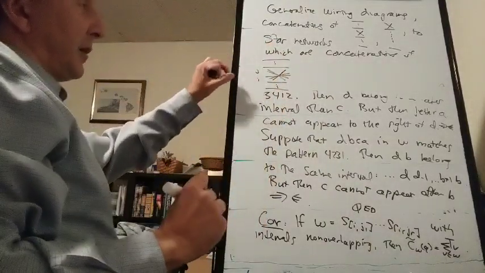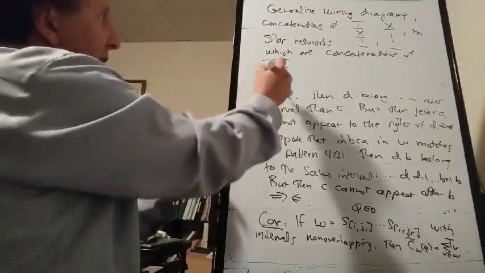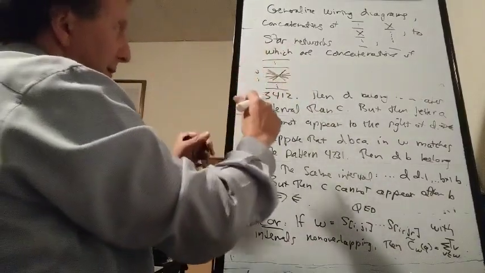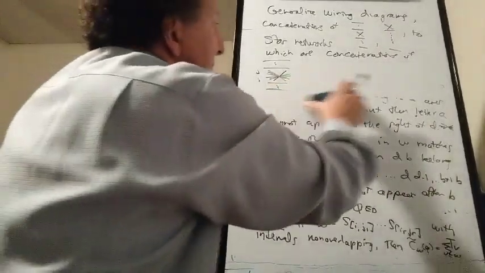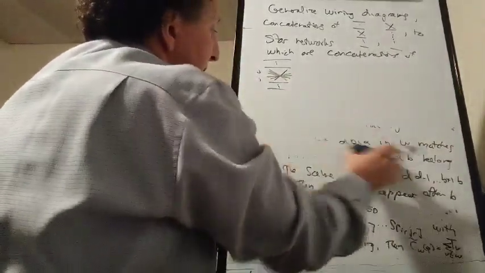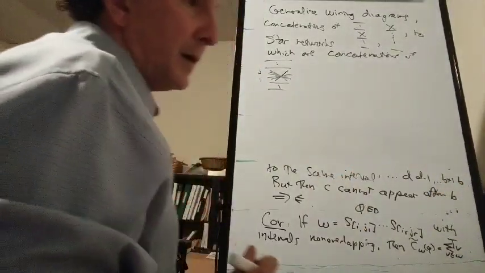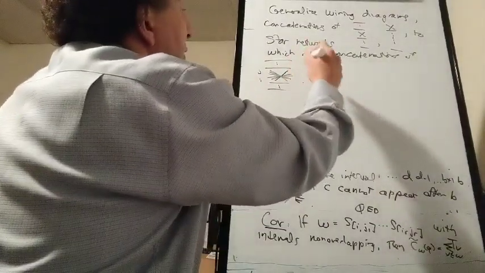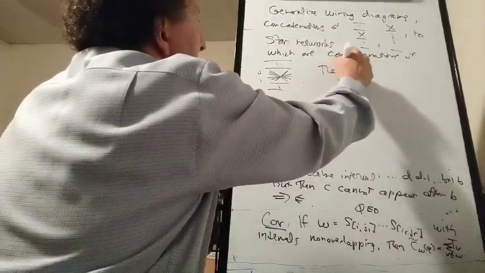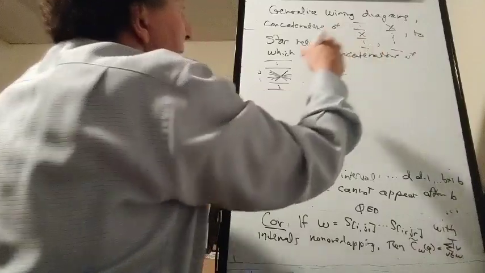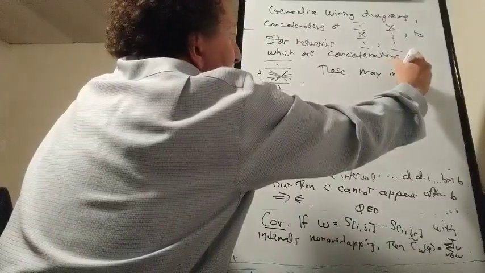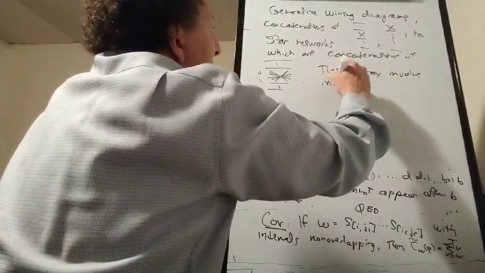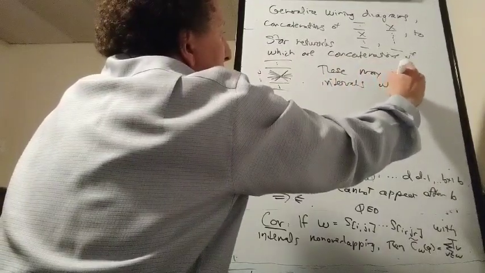So we have this star from I to J, which contains all the things between I and J. And the concatenations of these may involve intervals which overlap.